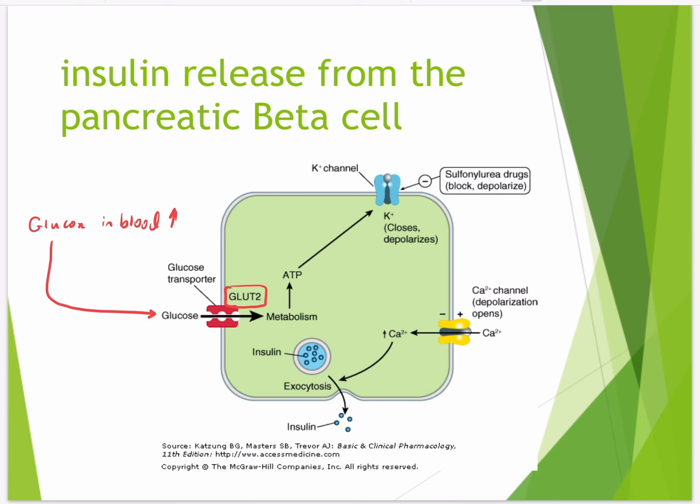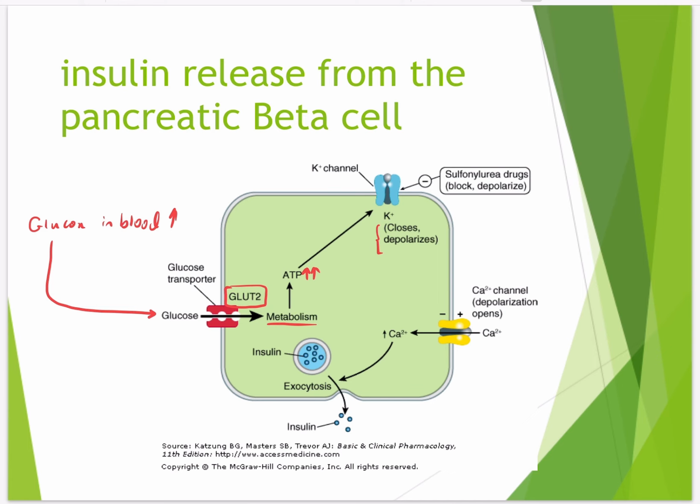In the beta cell, metabolism starts, glycolysis happens and the glucose converts to pyruvate, and this metabolism increases the production of ATP. ATP closes the potassium channel, and depolarization happens.